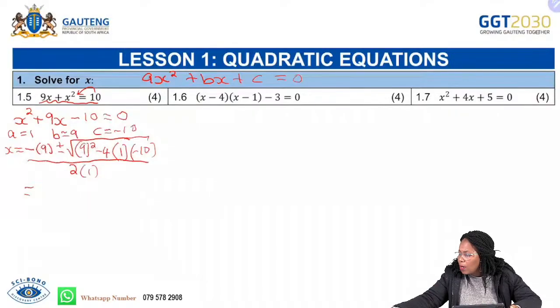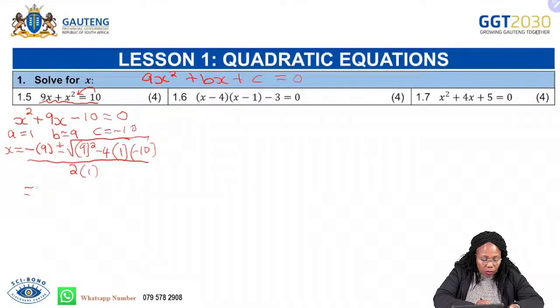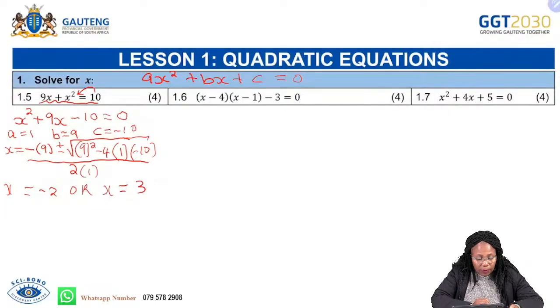Okay, that is our 1.5. And then the first x value there will be x equal to minus 2 or x equals to 3. Okay, those are the factors of this particular problem.